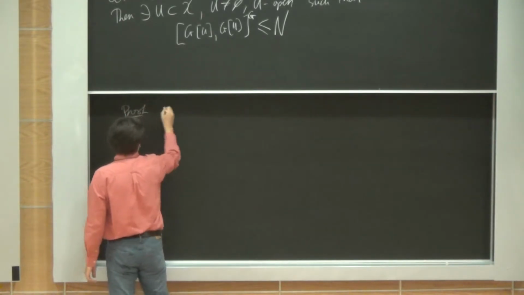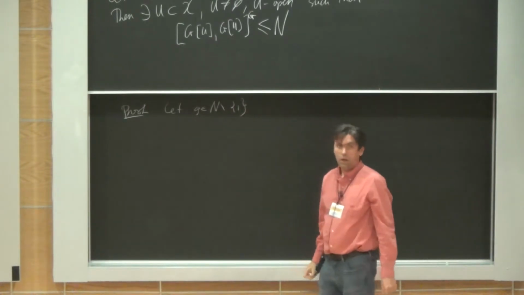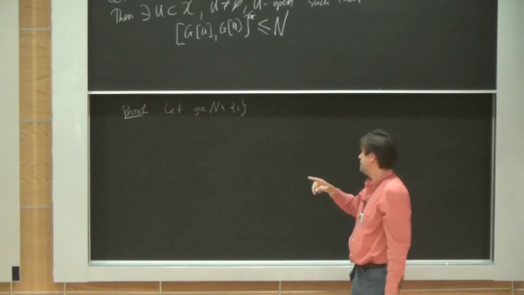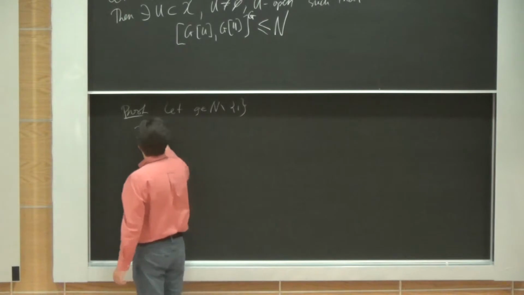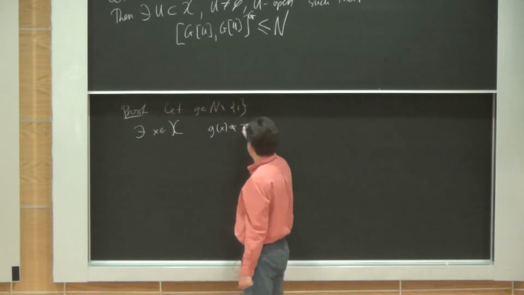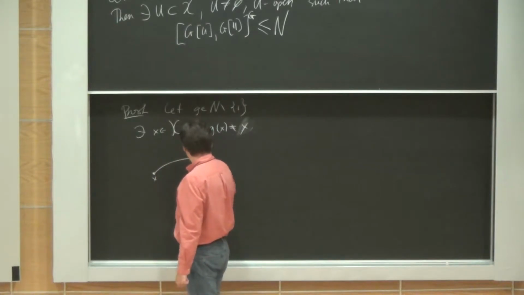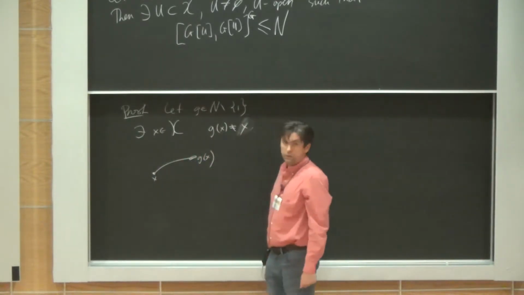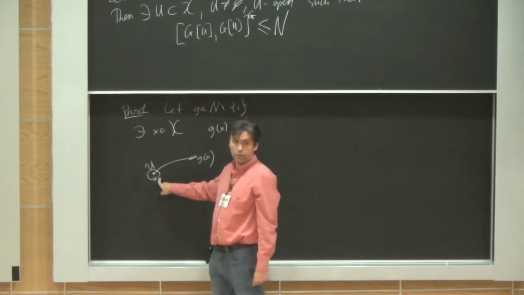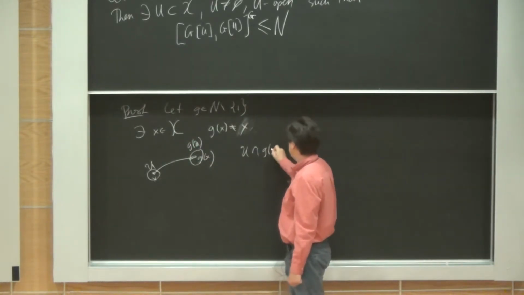Proof: let g in N be some non-trivial element. I said that this is a group of homeomorphisms, so I assume that the action is faithful. It means that g, since it's non-trivial, acts non-trivially on some point, so there is a point x such that the image g(x) is different. Now, it follows from Hausdorffness that you can find a neighborhood U of this point such that g(U) and U are disjoint.